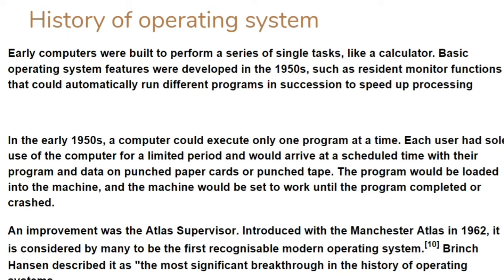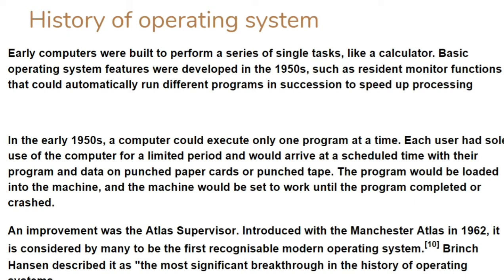So an improvement was the Atlas supervisor introduced with the Manchester Atlas in 1962. It is considered by many to be the first recognizable modern operating system. Brinch Hansen described it as the most significant breakthrough in the history of operating systems.